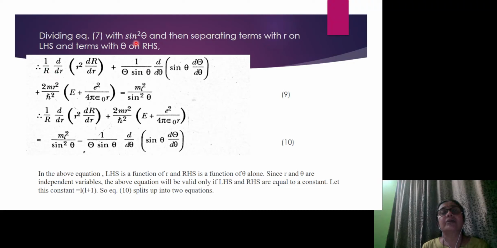Okay, and we have this 1 upon Theta sine theta d by d theta sine theta d Theta by d theta. Okay, there was one sine square theta in this term also, that has got cancelled, and because on the RHS there was ml square, in the denominator there is this sine square theta. Okay.